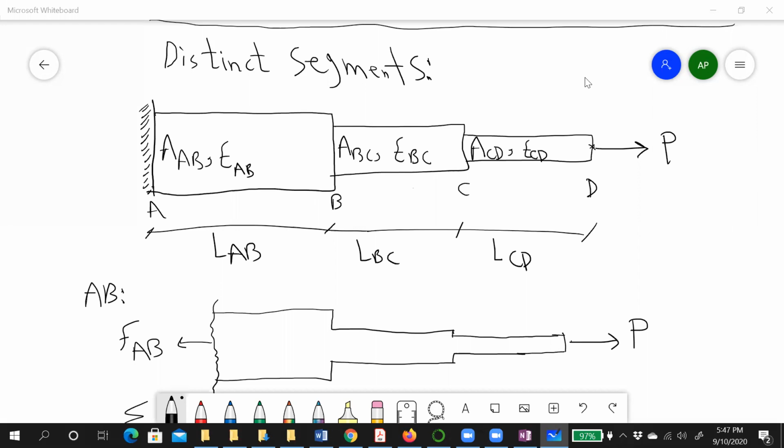Because for this segment, we assume this is fixed. We find that the elongation is relative to this. For this one, we assume this is C, then we find the elongation of this, which means this point C also moved. And for this, we assume this is fixed, and actually it's fixed, and then we find B. So B moved, C moved, and D moved. So then we can find the summation of that.